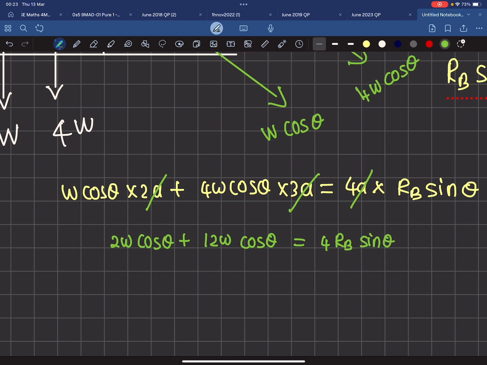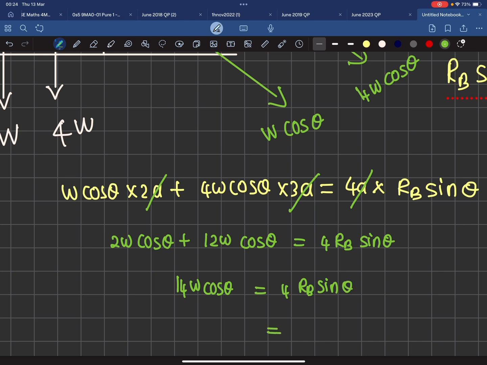Our ultimate goal is to figure out what is RB, because the weight was given as W. So I'm going to give everything in terms of W. So 2W cos theta plus 12W cos theta is 14W cos theta equals 4RB sine theta.